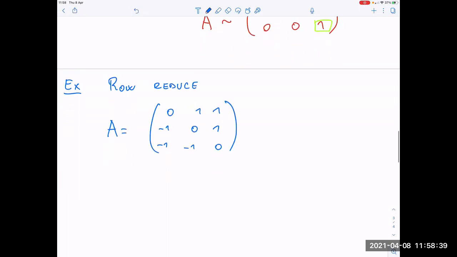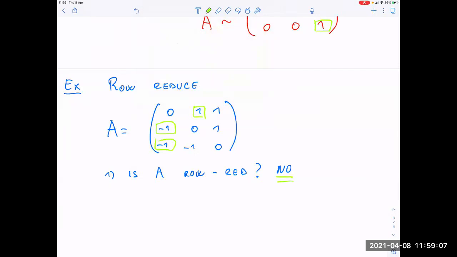Because if it is, well, we stop. Is A row reduced? What do you think? It is not. And why is that the case? Well, because I see these markers and they do not satisfy our properties, not M1, not M2, okay?